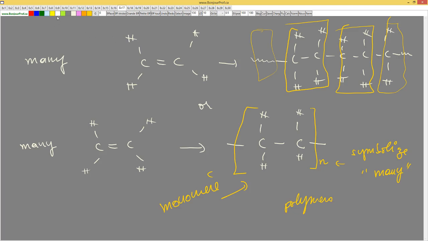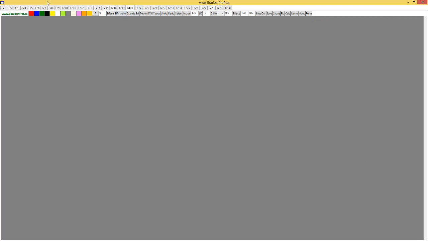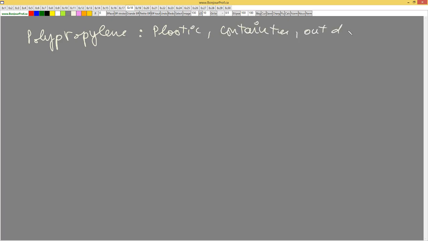For example, we can also have lots of other polymers, and here we're going to get some examples. For example, polypropylene. Poly, it is plastic. This polymer is found in containers, outdoors, carpeting.